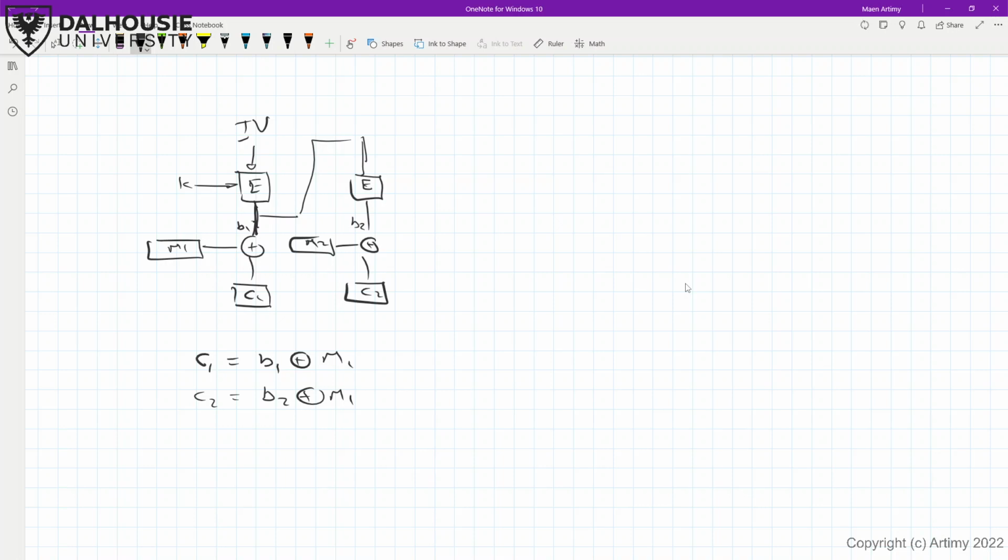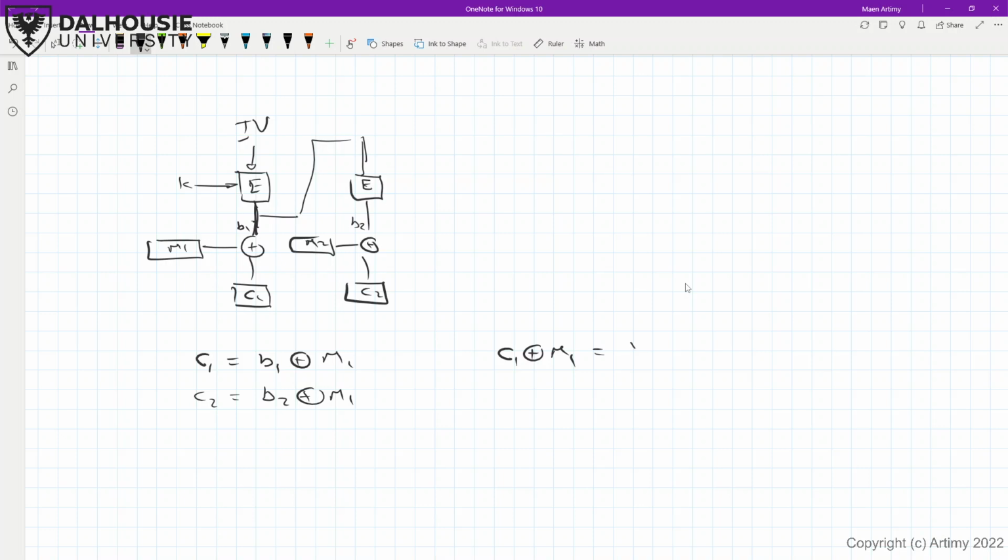Okay, now all of this is great, but let's say somebody gets their hands on the ciphertext and the message. They can simply say, okay, C1 XOR M1, so they can XOR the ciphertext with the message, the plain text.